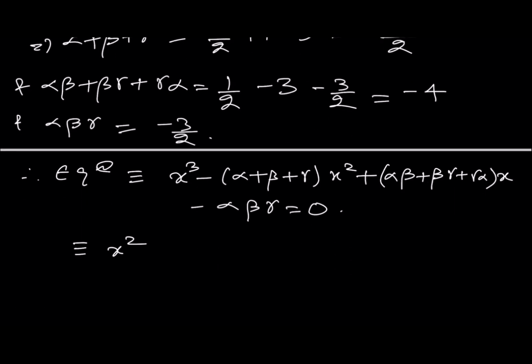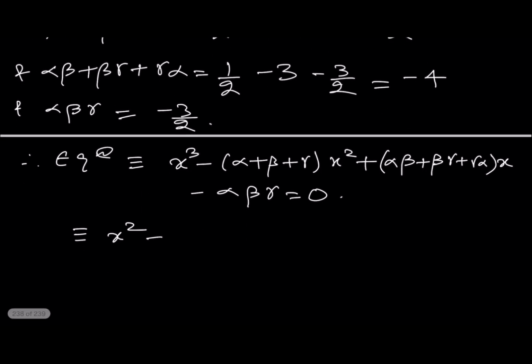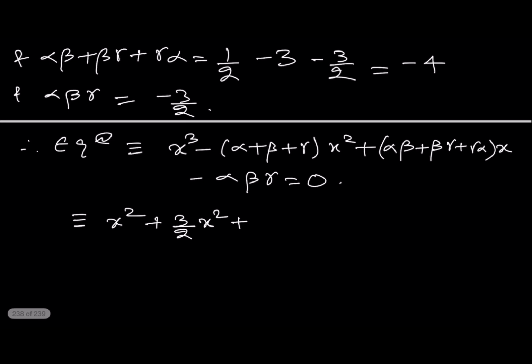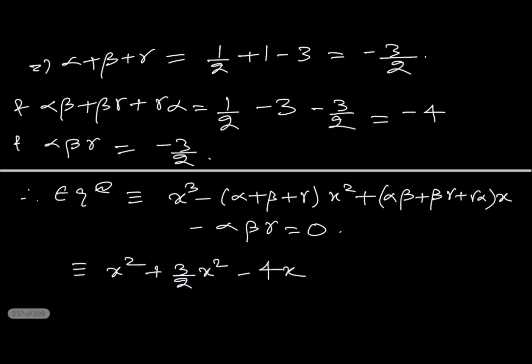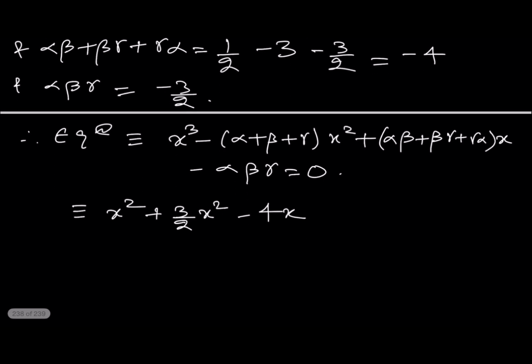So x cube plus 3 by 2 x square, since alpha plus beta plus gamma is minus 3 by 2, minus 4x, and minus alpha beta gamma, which is minus minus 3 by 2, so plus 3 by 2, is equal to 0.